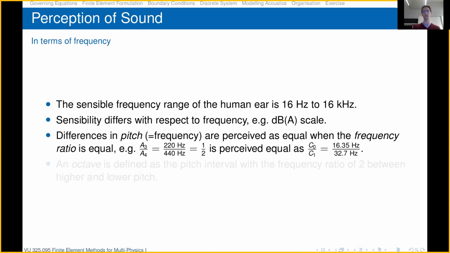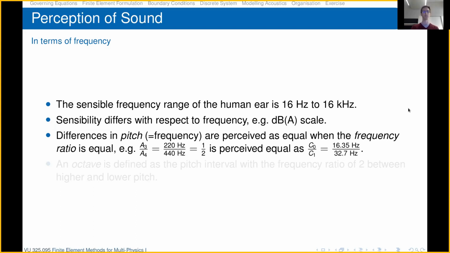They are perceived as equal when the frequency ratio is equal. So if we have a tone at, let's say, 220 hertz, which is the A3 in music, the difference to A4, which is at 440 hertz, the ratio is 1/2. This is perceived as equal to a change from C0 to C1, which is from 16 hertz to 32 hertz, roughly.